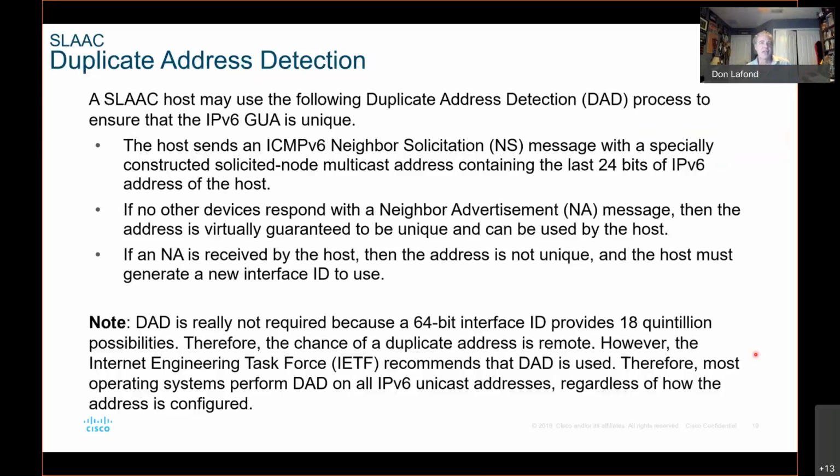If no other devices respond with a neighbor advertisement message, then the address is virtually guaranteed to be unique and can be used by the host. If a neighbor advertisement is received by the host, then the address is not unique and the host just randomly regenerates a new address.